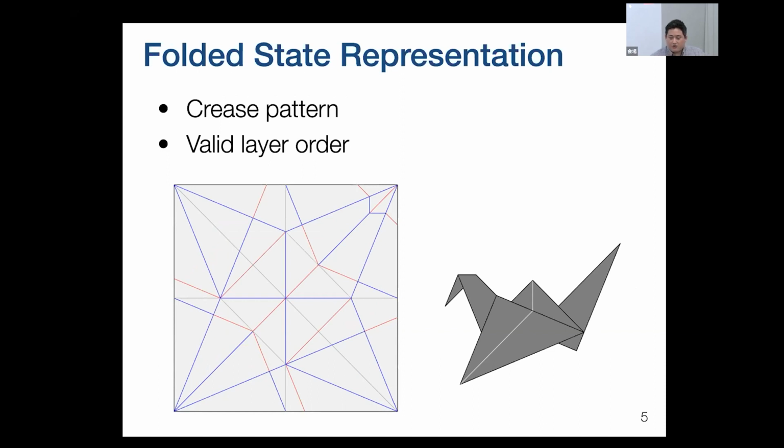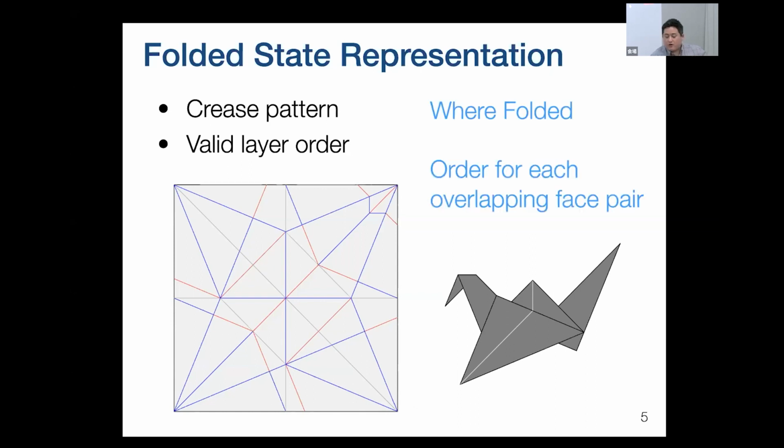So we need the crease pattern, the location of the creases on the page, as well as a valid layer order of those faces when they overlap. Essentially the crease pattern says where all of the creases will be on the paper and how it will fold geometrically. And then the valid layer order tells us, for every pair of overlapping faces, two faces that share a point in their interior, which one is above the other.